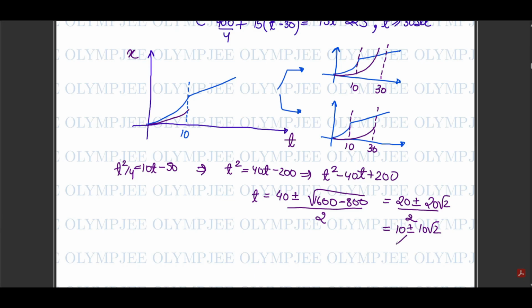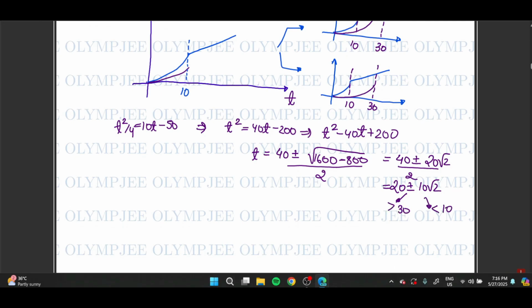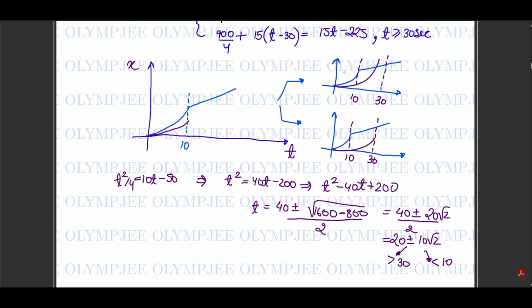So we can see that this is 40 and this will be 20. So we can see that both times are either more than 30 or less than 10, which is this case. So this case cannot happen. So it must be this case.